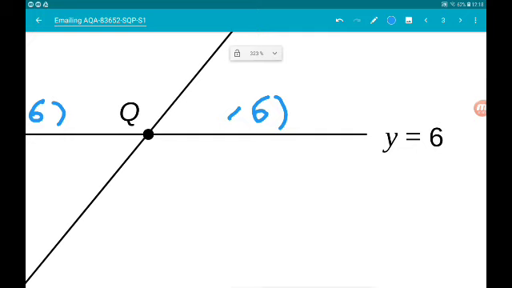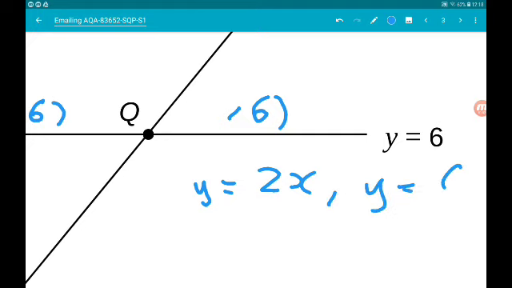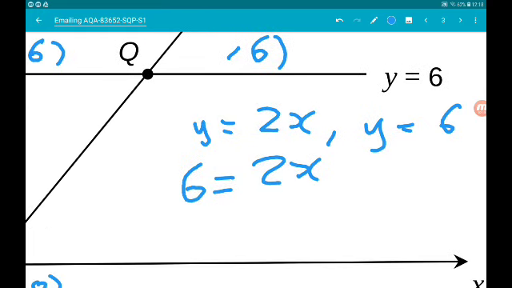So we know that y is equal to 2x, and we know y is equal to 6. If we substitute y equals 6 into y equals 2x, we get 6 is equal to 2x. So x is equal to 3.